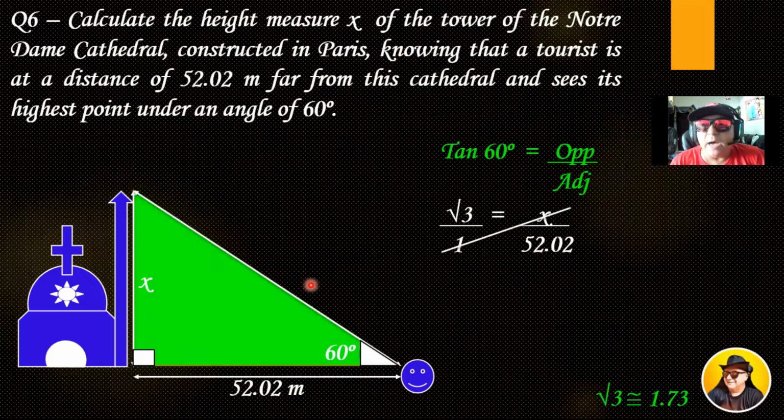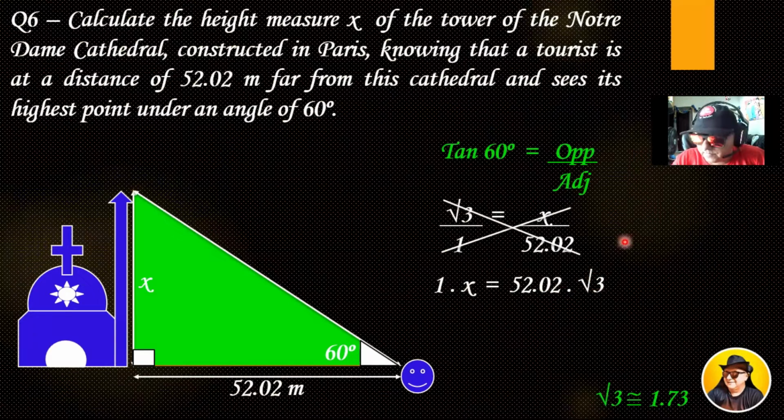Good. Now let's multiply crossing. Always like this. So 1 times x and 52.02 times the square root of 3. Easily we can do 1 times x is x. 52.02 times, don't forget to replace this value right here. 1.73.